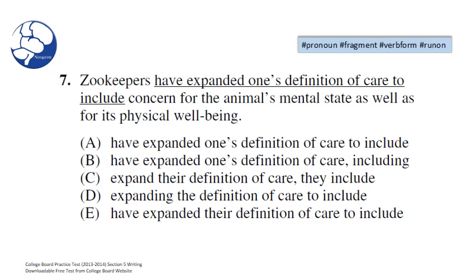Let's look at this question again and really break down the grammar that's involved. Remember, we're on the lookout for errors in pronoun, fragments, verb forms, and run-ons. Let's reread the sentence and take a closer look at the grammar. Zookeepers have expanded one's definition of care to include concern for the animal's mental state as well as for its physical well-being.